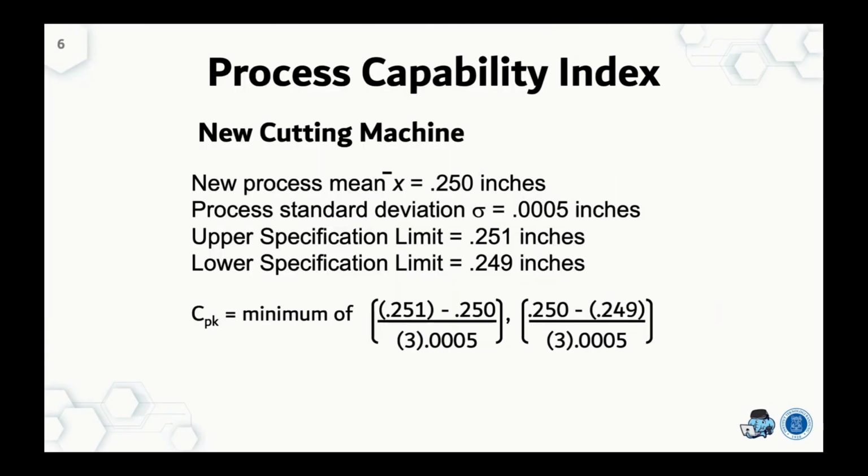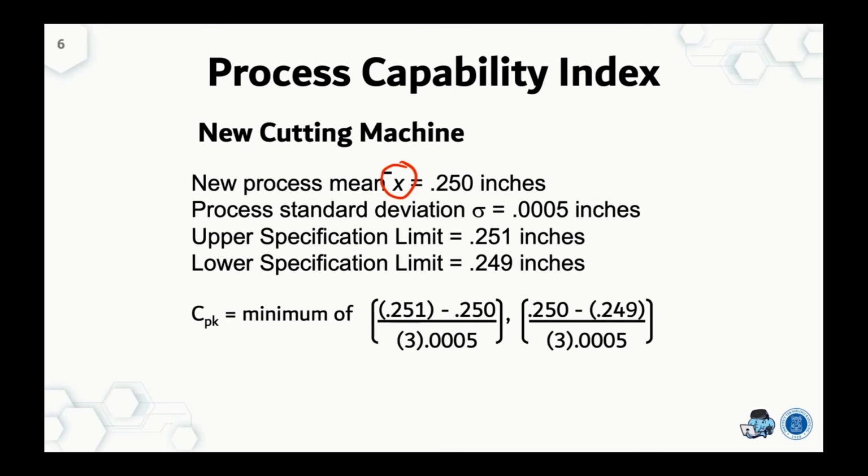Take a look at this example. We have a new cutting machine that has an average cutting of 0.25 inches, and the process standard deviation is 0.0005 inches. The upper specification limit is this much, and this is the lower specification limit.